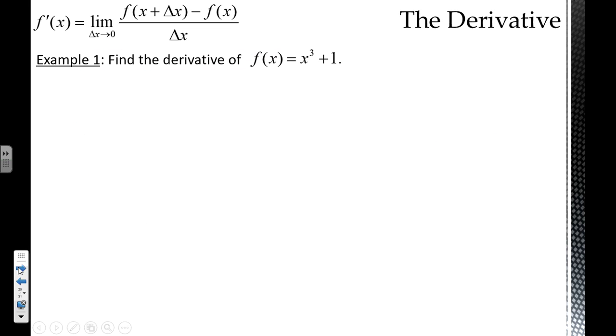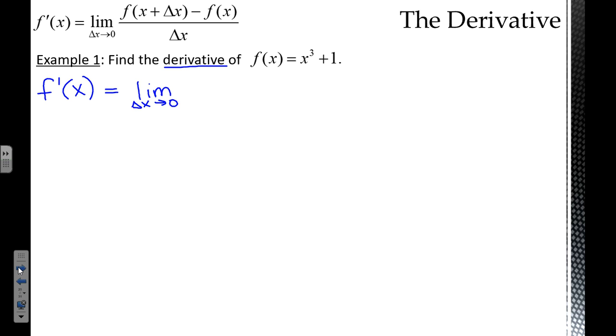Okay, so our function is x cubed plus 1. Find the derivative, so we are calculating f prime of x. And we're going to do that by taking the limit of the difference quotient. Now, same thing as back in Unit 1. If you prefer to use h's, go for it.